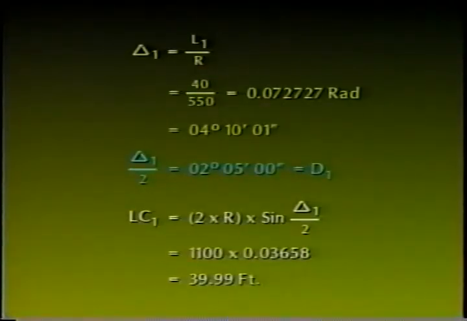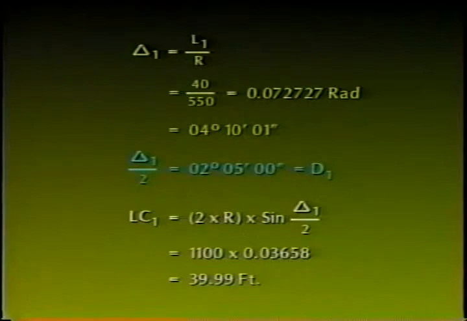Three calculations are shown on this sketch: determination of delta sub 1, determination of half delta and or deflection sub 1 for the same arc sub 1, and determination of the chord sub 1 for the same arc sub 1. L sub 1's central angle or delta is determined by dividing L sub 1, 40 feet, by the radius, 550 feet, which equals 0.072727 radians, or 4 degrees, 10 minutes, and 1 second.